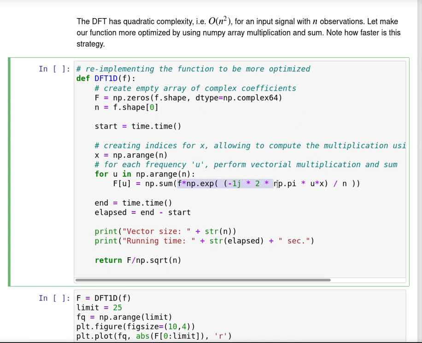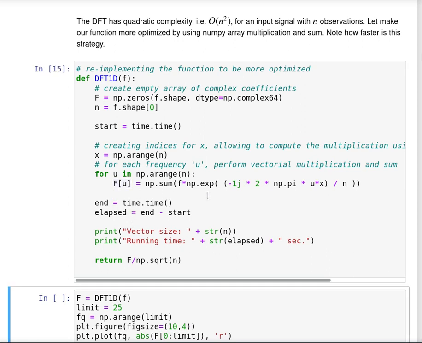So this part that I just highlighted computes the whole vector f with a complex exponential depending on x, which is now a vector. So it's basically doing that match procedure that we did in the previous video, but now for a complex exponential. And I'm summing everything and storing at capital F of u.